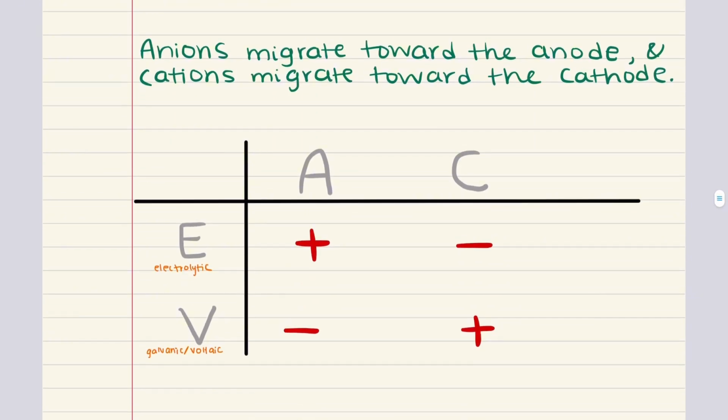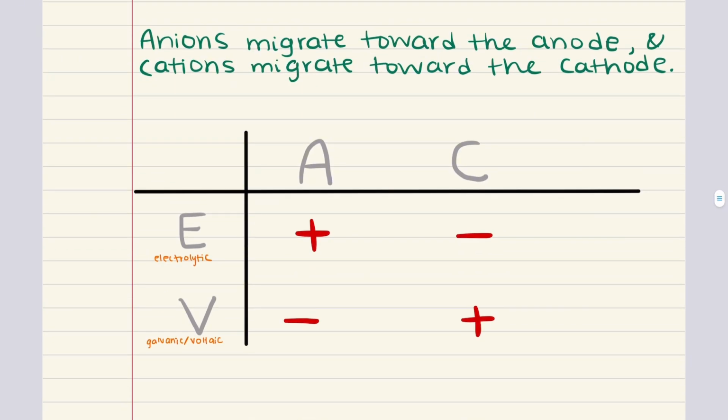To remember this difference, we can use a helpful matrix for assigning signs. In this matrix, A stands for anode, C stands for cathode, E represents electrolytic cells, and V represents voltaic or galvanic cells. When the letters A and C are placed alphabetically across the top, and E and V are placed alphabetically along the side, then the positive signs fall on the diagonal.